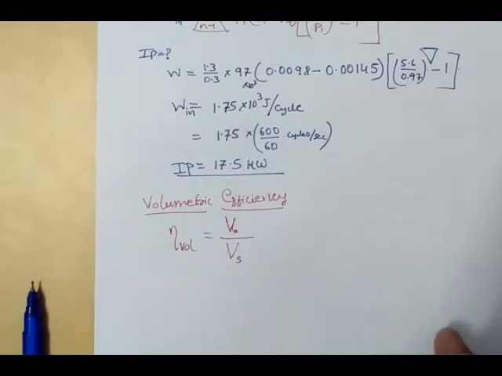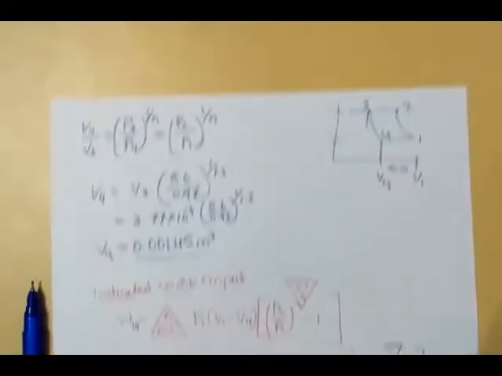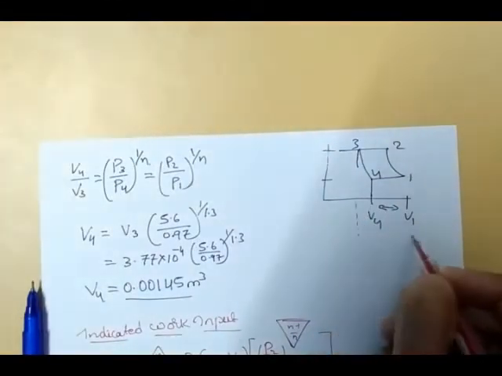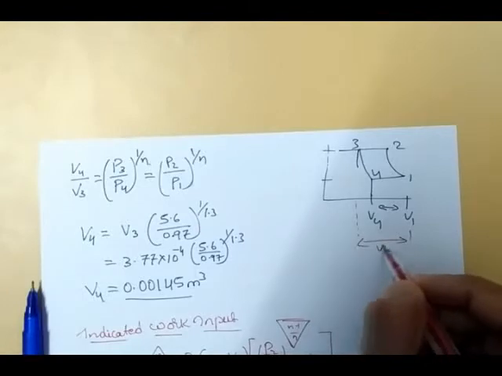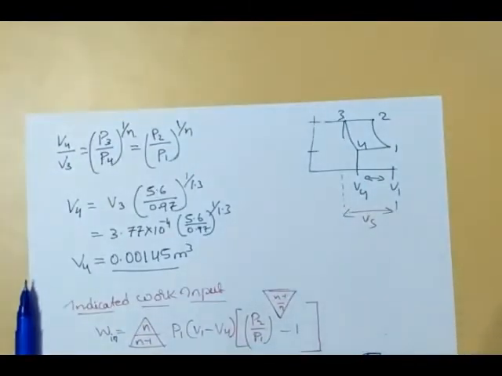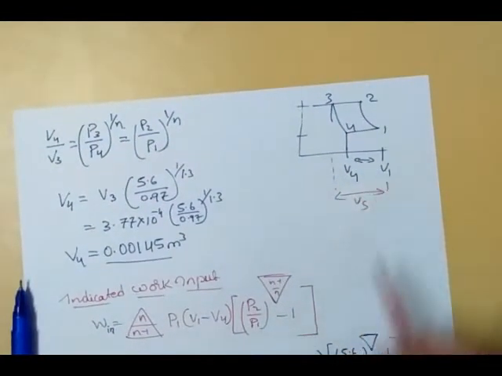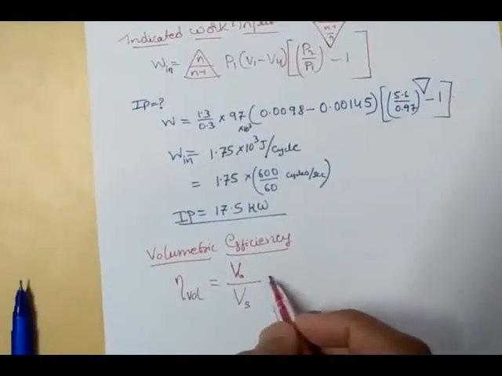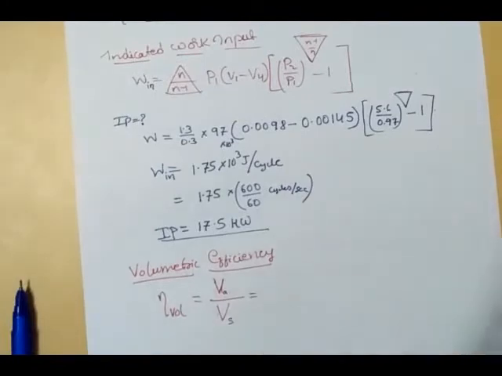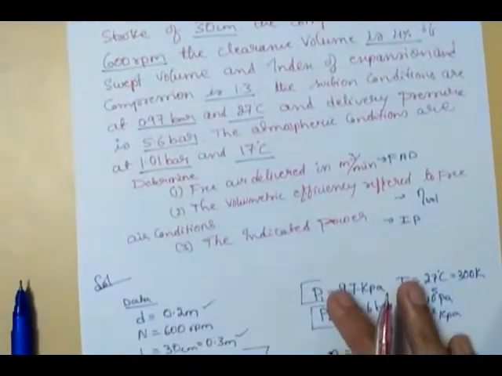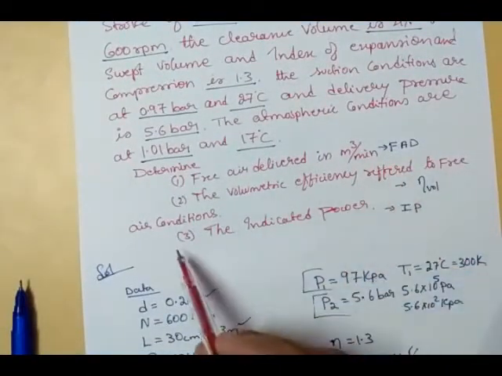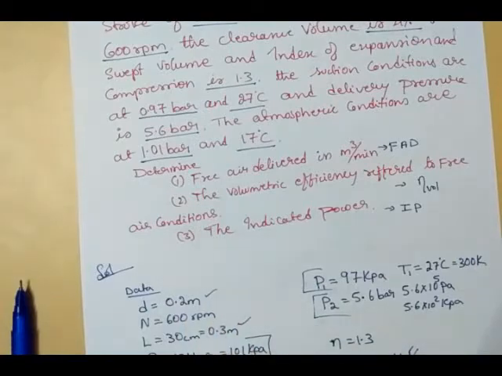Usually maximum capacity is its stroke volume. If I draw like this, this is the Vs, that is its maximum capacity, but it takes only this much. But here they have asked with respect to free air delivery condition. If you go back to the question, the volumetric efficiency is referred to free air conditions.